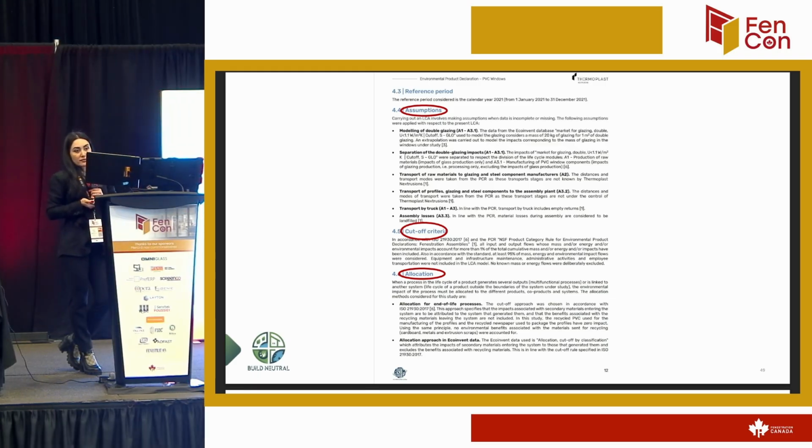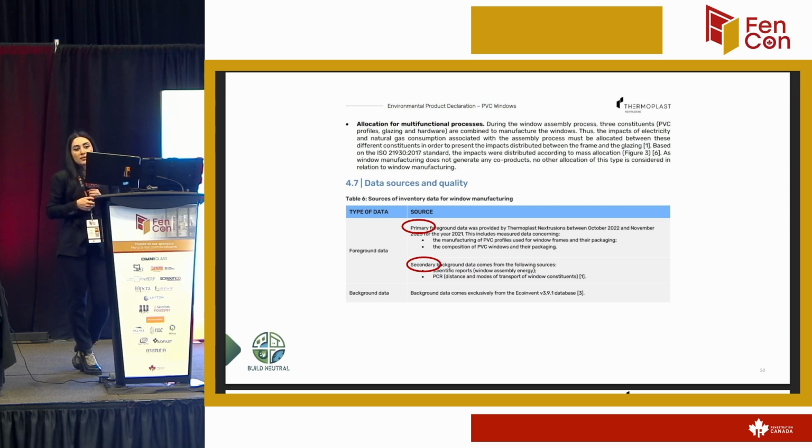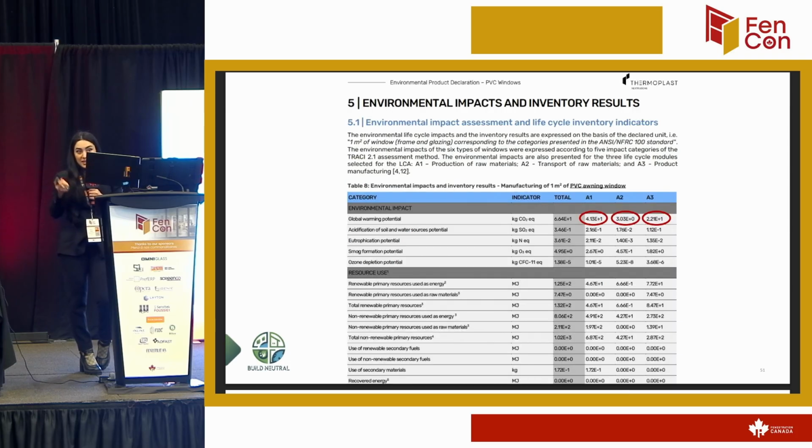And then we have cutoff, we have allocation, we have data quality, all those items that are important, and I mentioned we discuss in PCRs. So these EPDs are following all the PCR requirements. And then they are reporting A1, which is raw material extraction, A2, A3. And as you see, it's not limited to global warming potential.